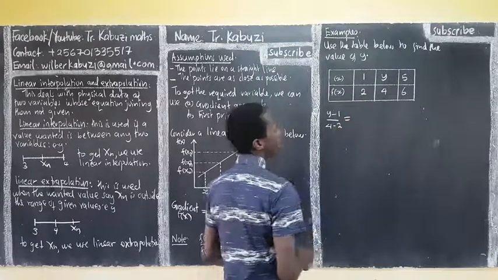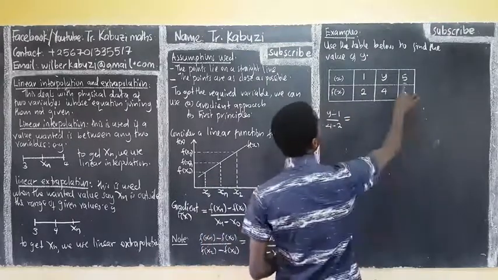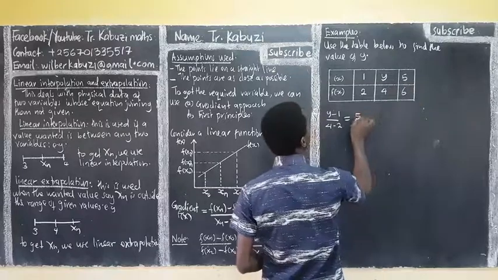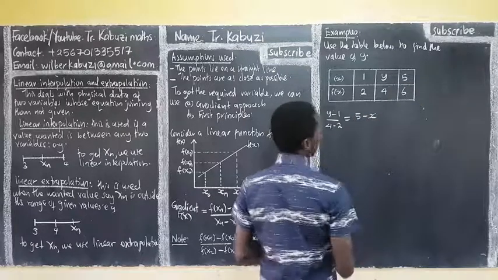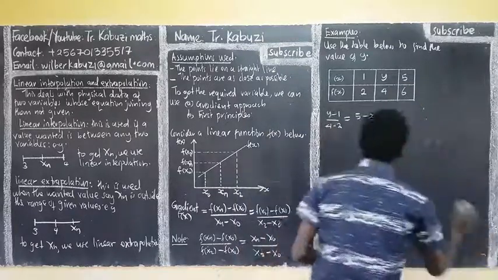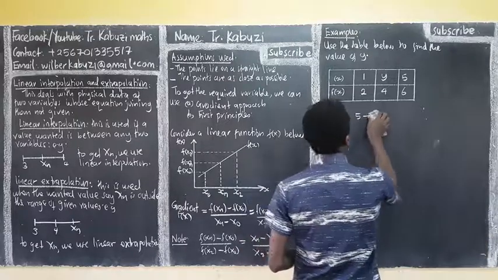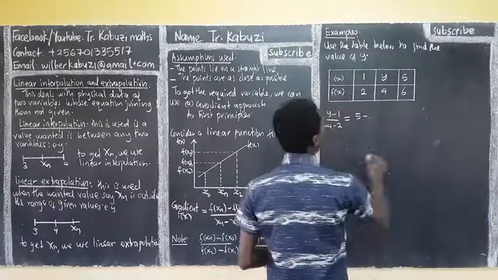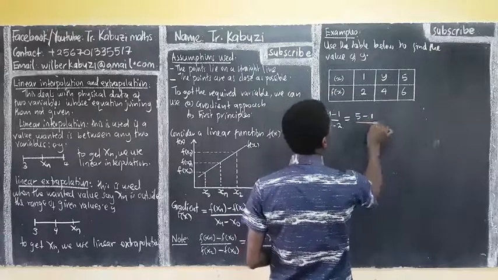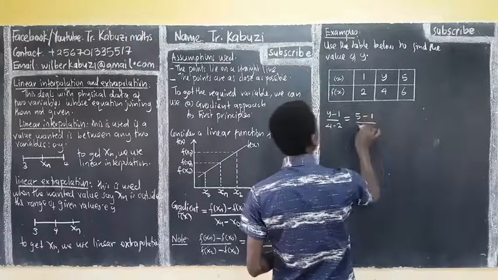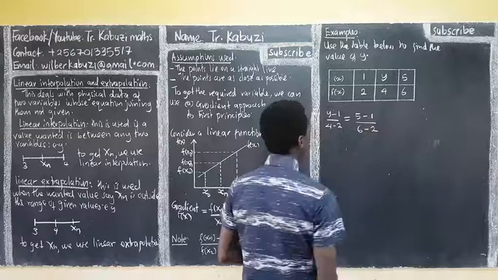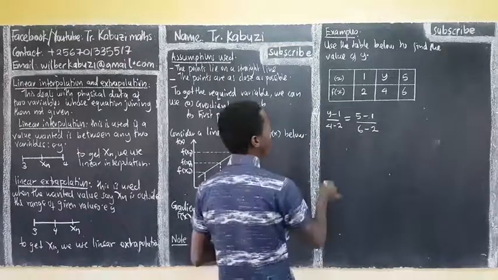It will be the same gradient as saying this minus this, 5 minus 1 over 6 minus 2. There you just simplify and you get your answer.